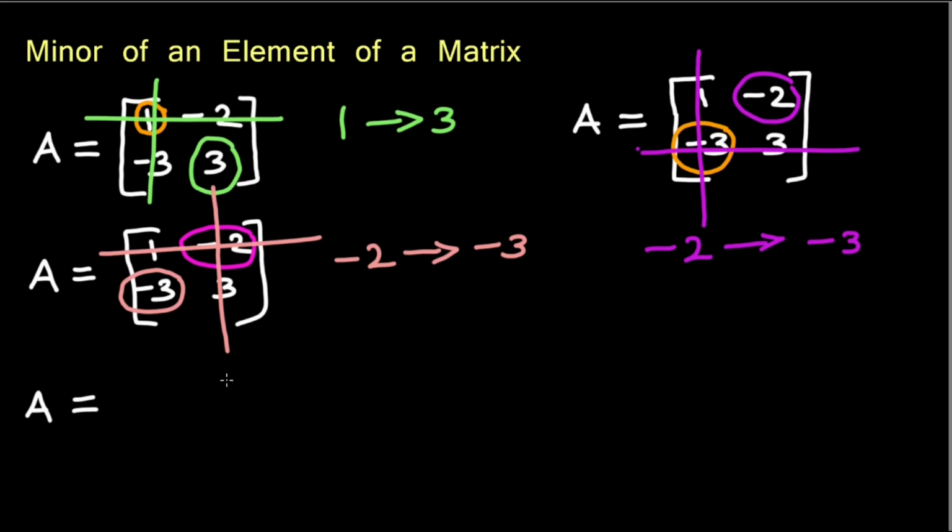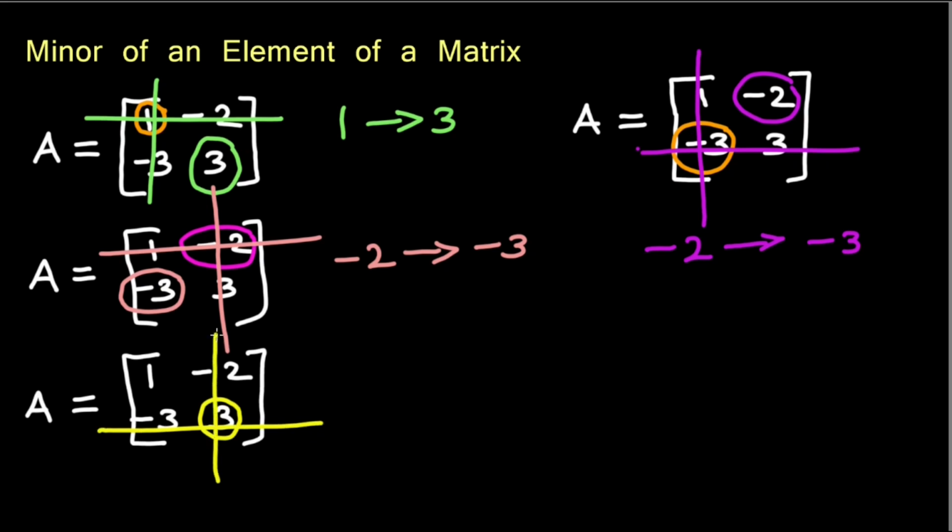Suppose we want to find the minor of the fourth element of matrix A, which is 3. We have to hide the second row passing through 3 and second column passing through 3. What remains is 1. So 1 is the minor of the fourth element 3 of matrix A. So this is how the minor of an element of a 2 by 2 matrix is found out.